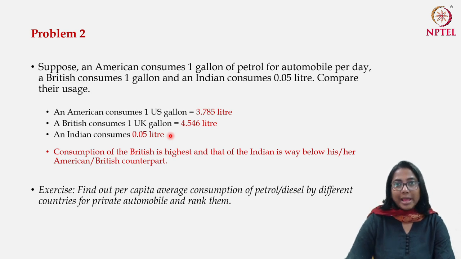And you can try to rank them after converting everything to one unit, maybe in gallon or in liter or in some other unit, and try to see which are the countries who are using more petrol or more diesel for private automobile, and who are the countries who are using less petrol or less diesel for private automobile. And then you can try to link it up with their stage of development. If you understand this one, let us move on to the third problem.